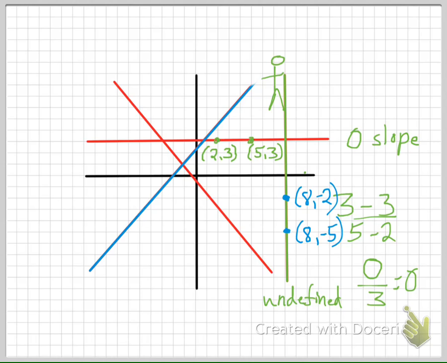If I try and find the slope between the points 8, -2 and 8, -5, what's my change in y? Change in y, -5 minus -2 would give me -7.